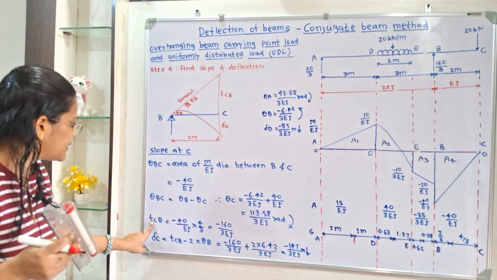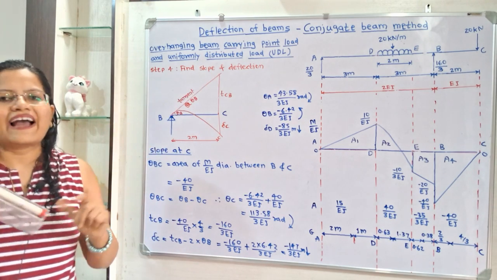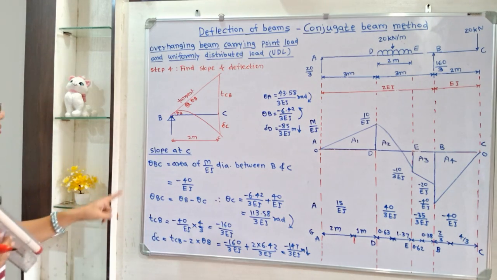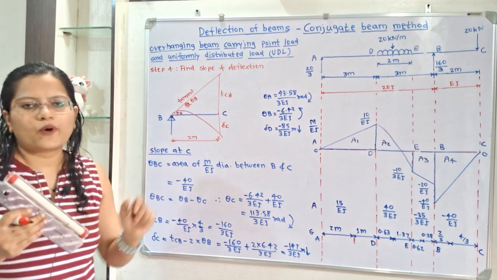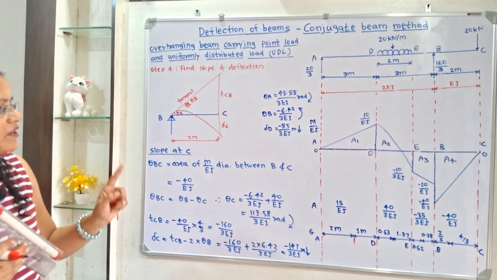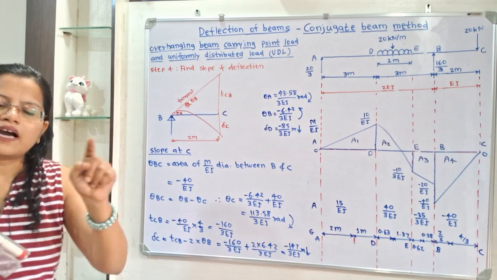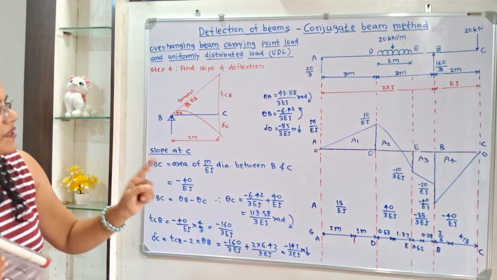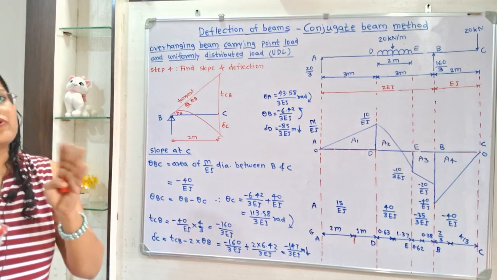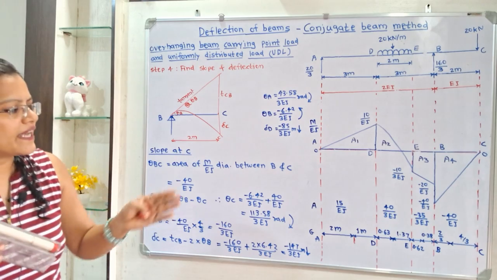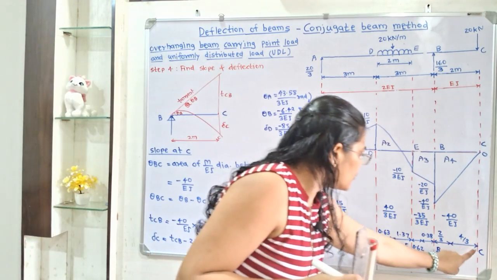Now this TCB, how to calculate TCB? So we have formula, that is the moment of M by EI diagram about the point C. So moment of M by EI diagram in between B and C about C. So in between B and C there is only one area A4, and how to take the moment? So we have to take the centroidal distance from point C. So here is the centroidal distance.